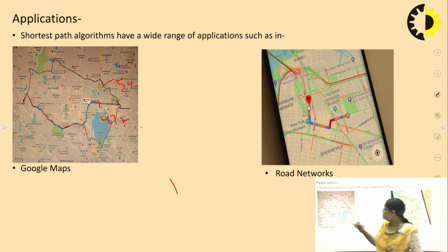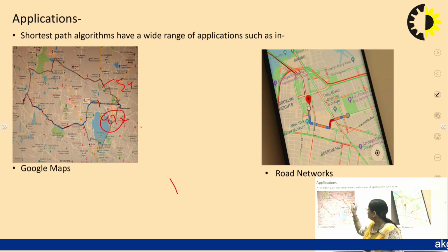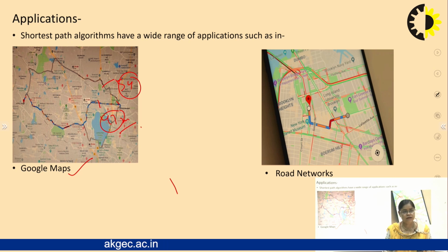It is taking 47 and it is taking 54, so which will we select? Obviously we choose the shortest path, that is 47 minutes. So this is an application of the shortest path algorithm, and in further slides we will study how we calculate the shortest path.